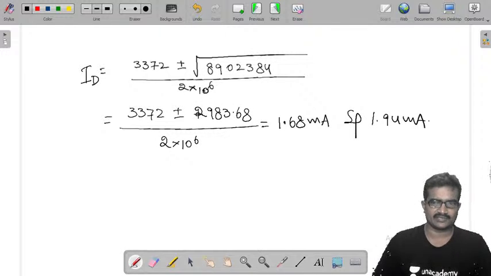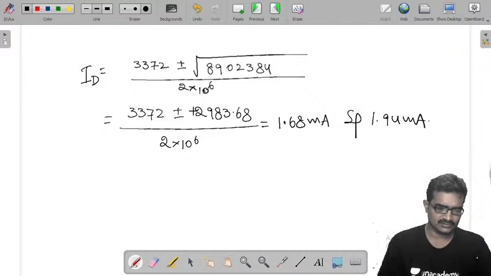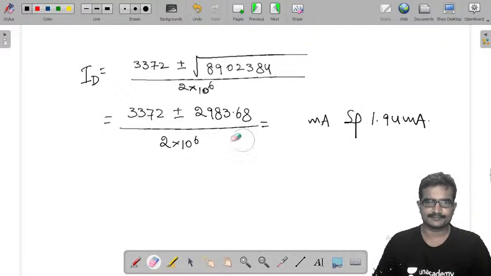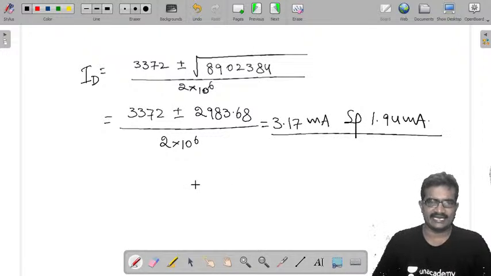So just a minute, I have some doubt here. That is 3372 plus 2983.68 divided by 2. Yeah, it is 3.17, sir. 3.17 milliamperes. So these are the values of ID.